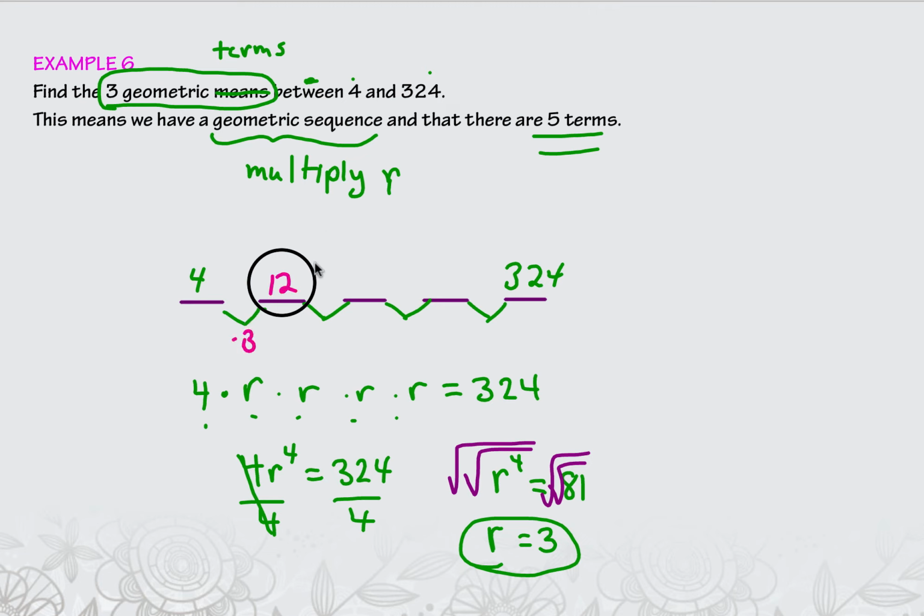And now I can find the next term, which happens to be the third term. I just take 12 and multiply it by 3, and it's 36. Then I get the fourth term, which is 36 times 3, which is 108. And then that works because 108 times 3 is 324.